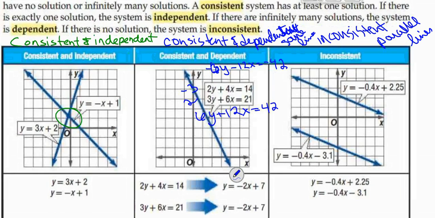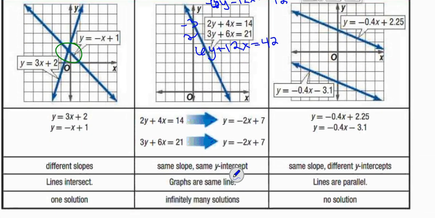And kind of think about subtracting these two equations. They wrote it in this way, and they showed the y equals mx plus b. So y equals negative 2x plus 7, y equals negative 2x plus 7. Those are the exact same line. And so they have the same slope, same y-intercept, the graphs are the same.